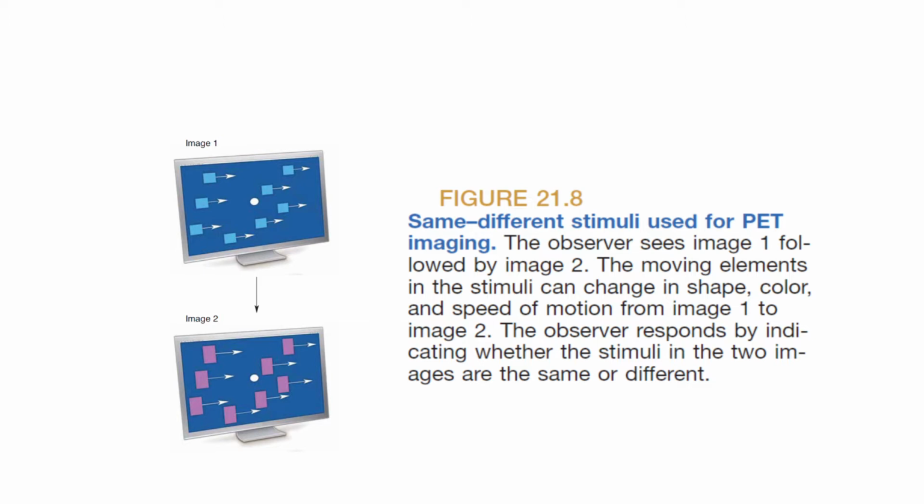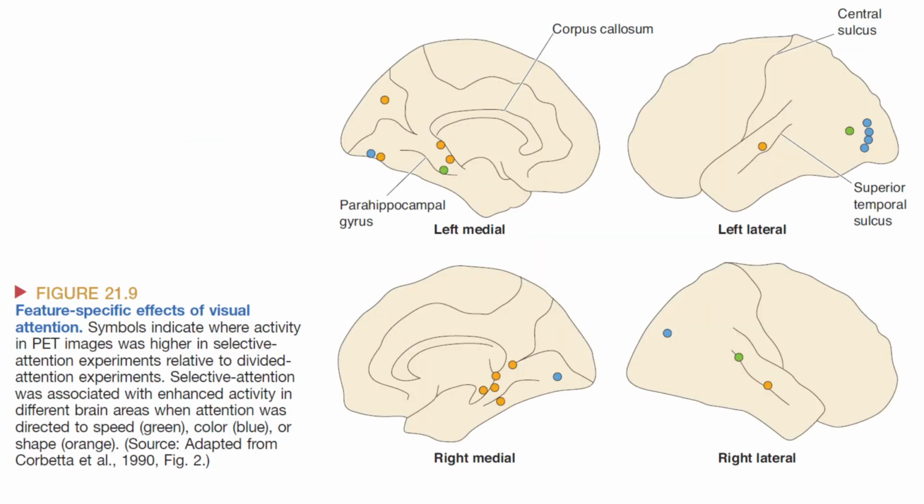And when the experimenters make the subtraction of the brain activity between paying attention to one characteristic or all of the characteristics, they will see different activations in specific brain areas. And this is what they found.